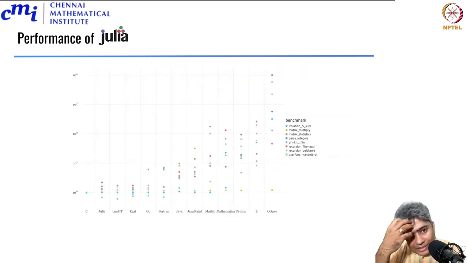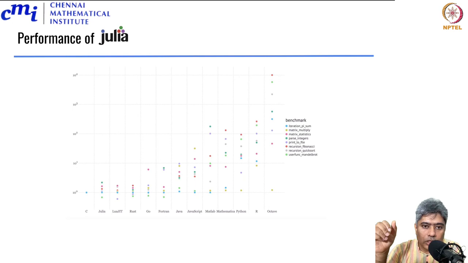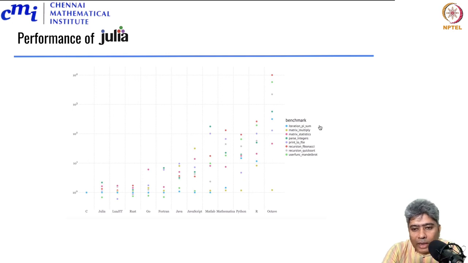So here is a comparison that I have taken directly from Julia's website. What they have done is they have taken some very nasty mathematical computations like iteration, PySum, matrix multiplication, matrix statistics, parse integers, print to file. These are very complicated, high complexity computations. Recursion, Fibonacci recursion is extremely difficult. You need dynamic programming to solve it.